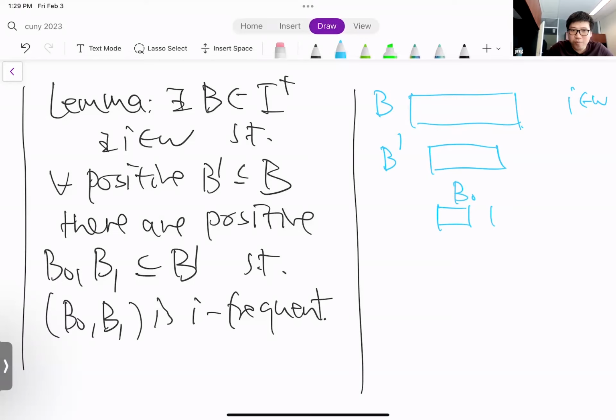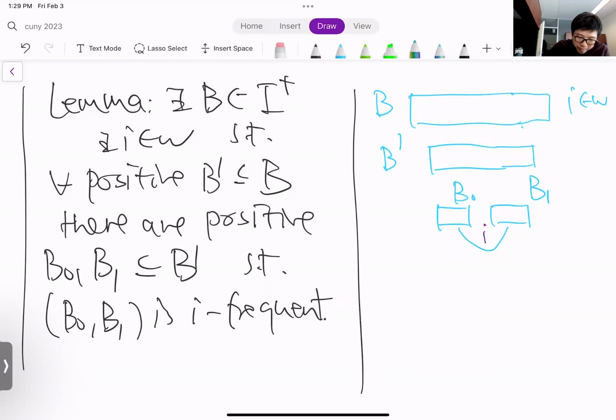When I say split, I don't quite mean splitting, they don't have to be disjoint, but I think this is a good way to visualize. I can always split them into B0 and B1 such that they are I frequent. So I have many edges of color I connecting these two parts. That's the point of what this lemma is saying.